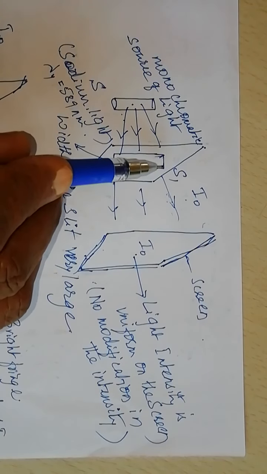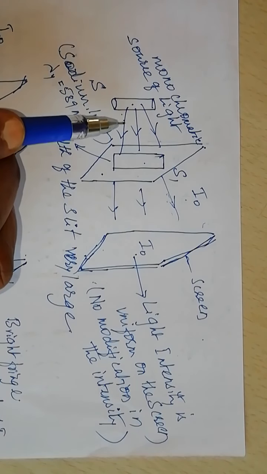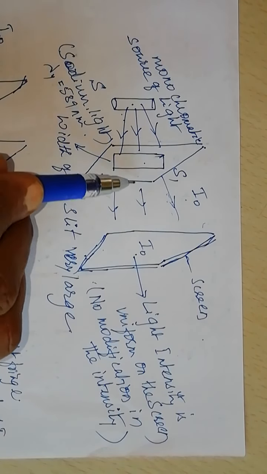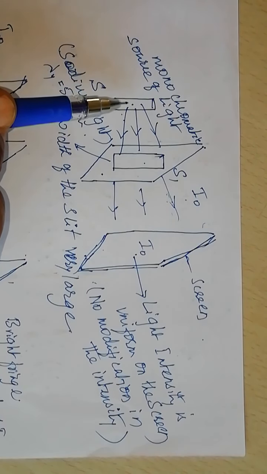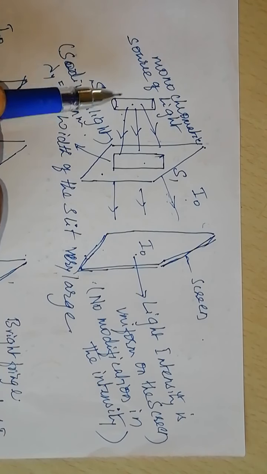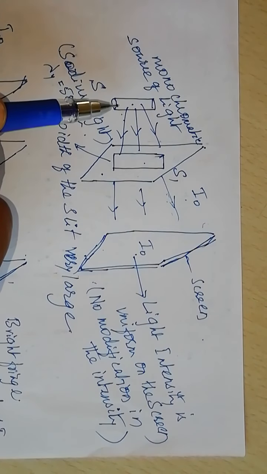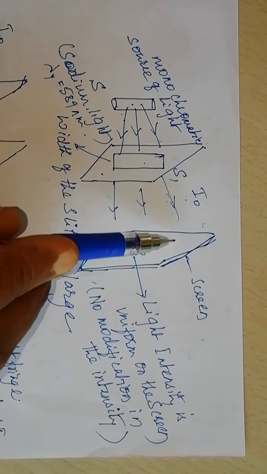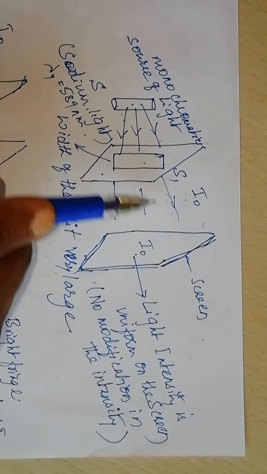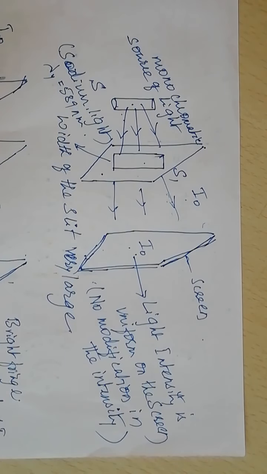If a single slit has a large width, the light transmitted through it gets distributed uniformly. If you consider two sources of the same kind, suppose the intensity is I naught for one source and I naught for the other source, then the intensity of light on the screen is 2 I naught.